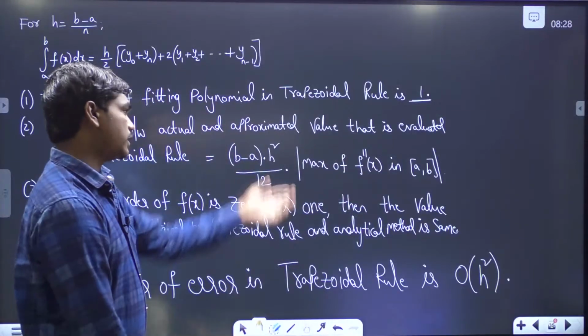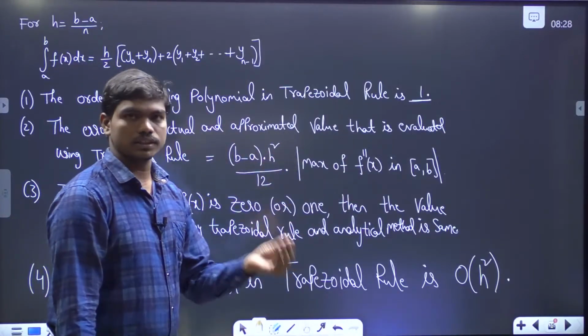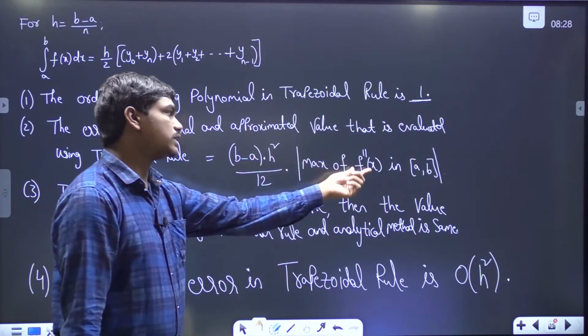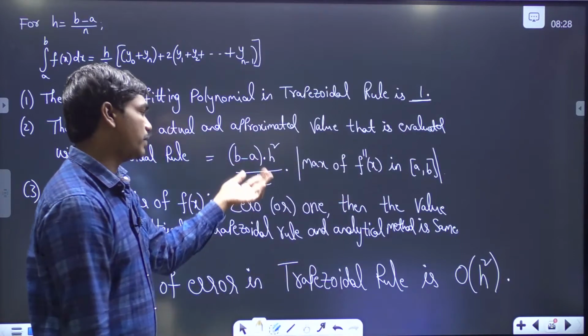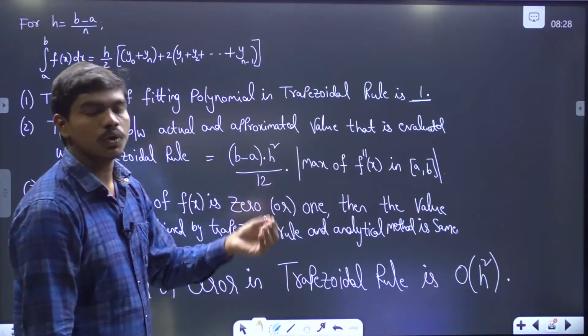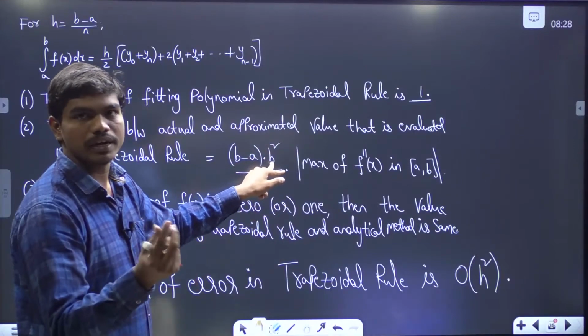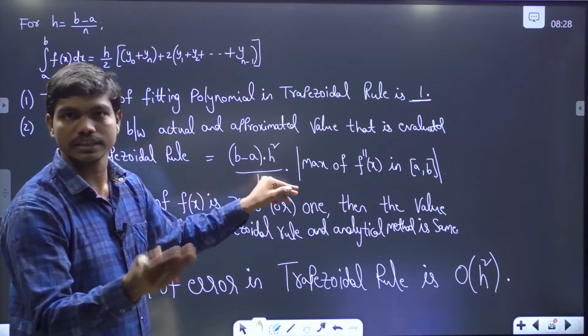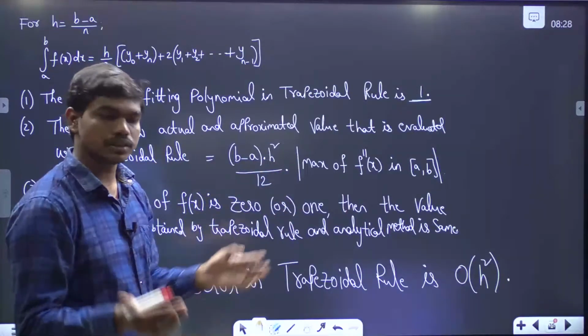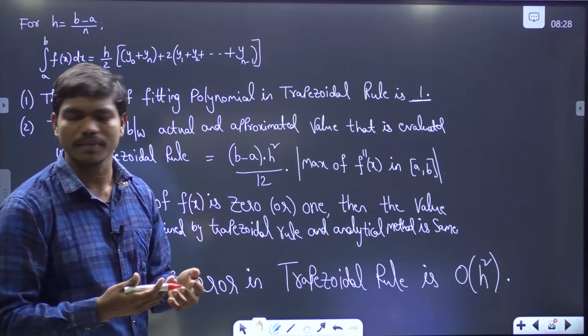Okay, because you can see there is h square in the term, so h is the step size, and apart from this all these are fixed. F of x, a comma b, a and b are fixed, 12 is fixed. So the only choice that we are left with is the choice of this h, means depending on the number of intervals. As the number of intervals increases, your accuracy increases, means the change decreases. But of course it consumes some more time.